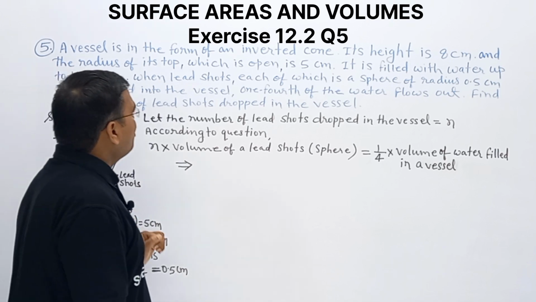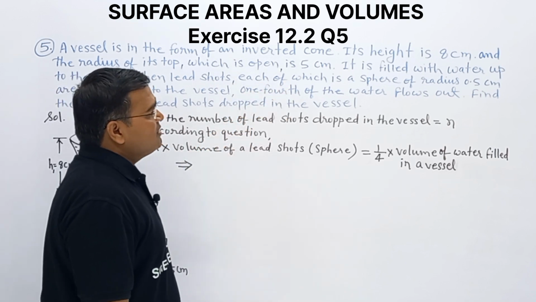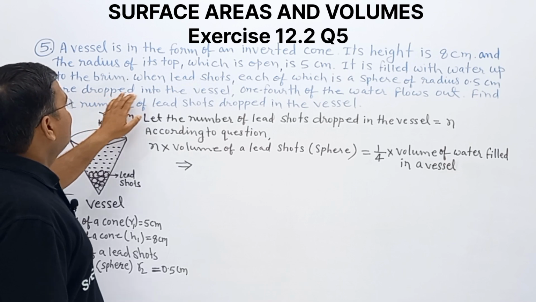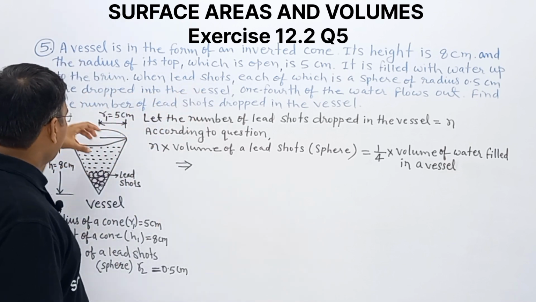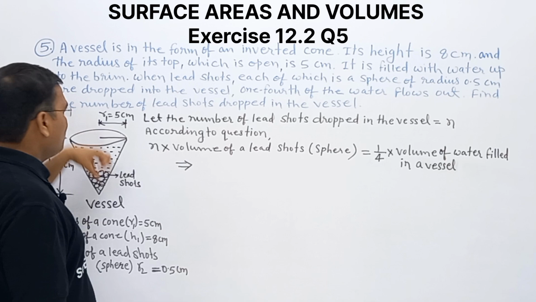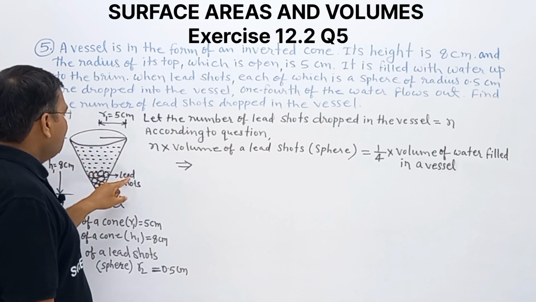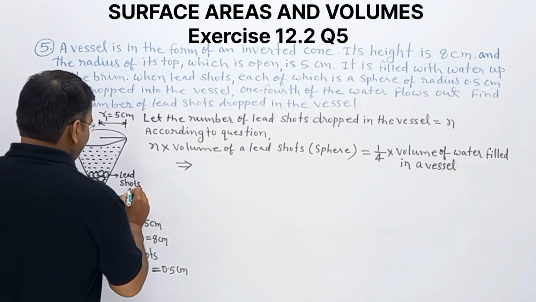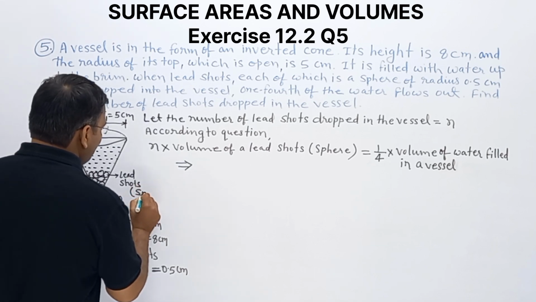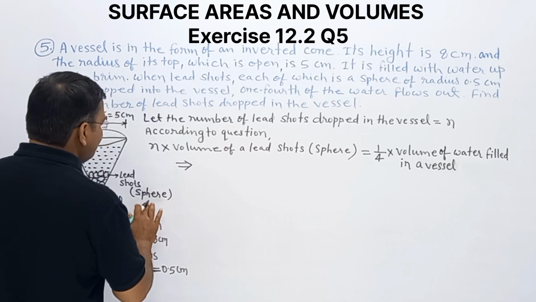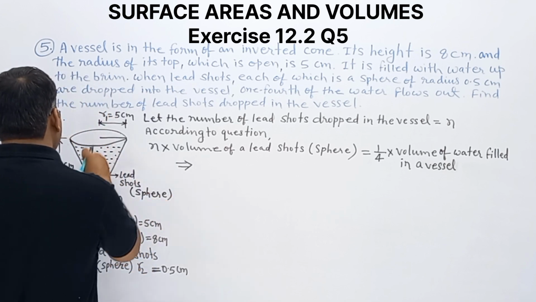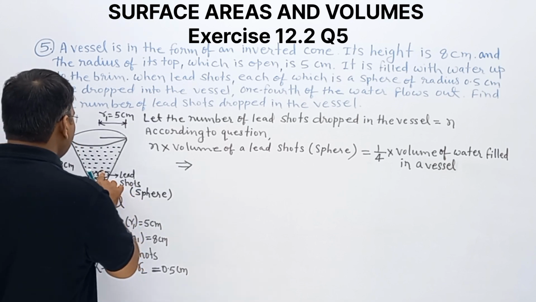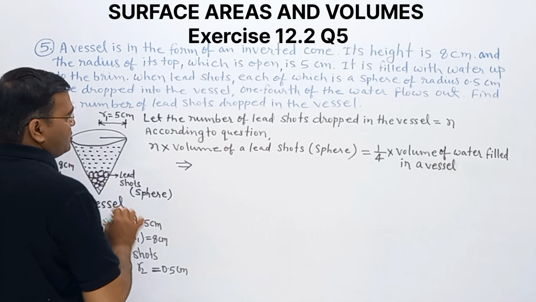When lead shots, each of which is a sphere of radius 0.5 centimeter, are dropped into the vessel, we are dropping lead shots in this cone, in this vessel, and the lead shots are in the shape of a sphere.